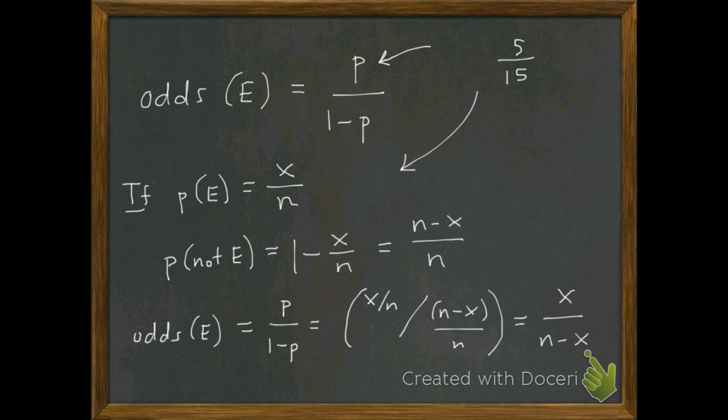So guys, this up here gives us the odds in terms of the probability. This down here gives us the odds in terms of the count. This is typically the way that I'm going to put the odds. I'm going to count the number of successes and put on the denominator the number of failures.